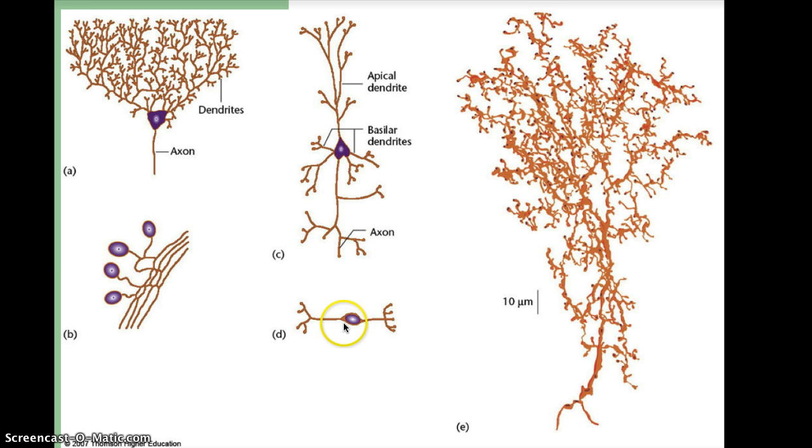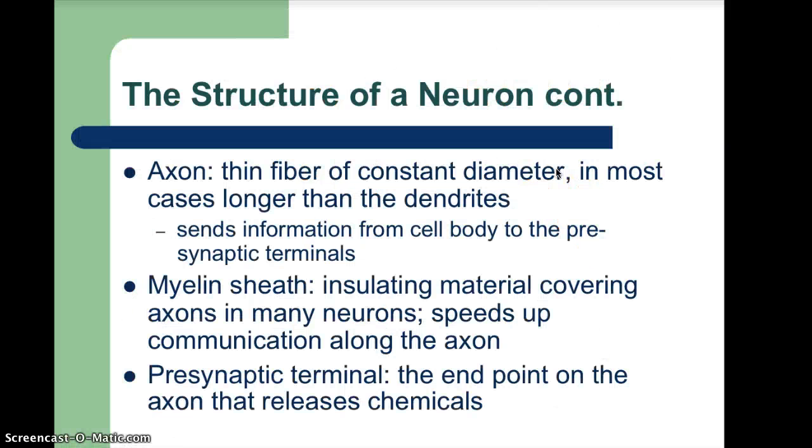This is called a bipolar cell because it looks like it's got two poles, and that's located in the retina of the eye. And this amazing cell here is one that's found in the honeybee nervous system. Kind of complicated.